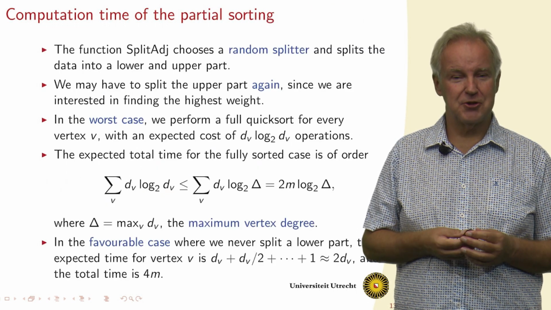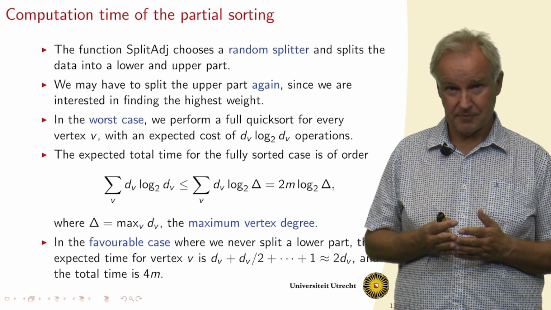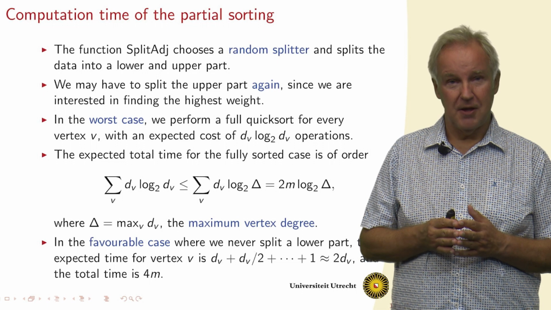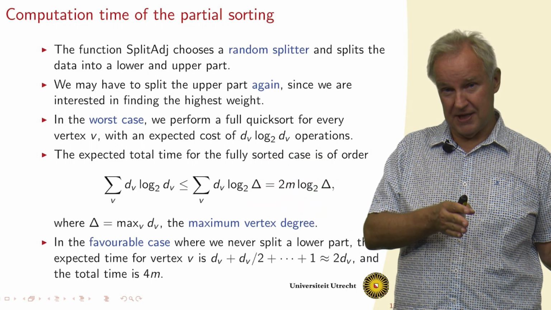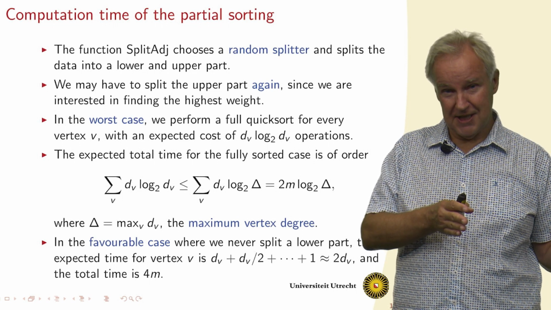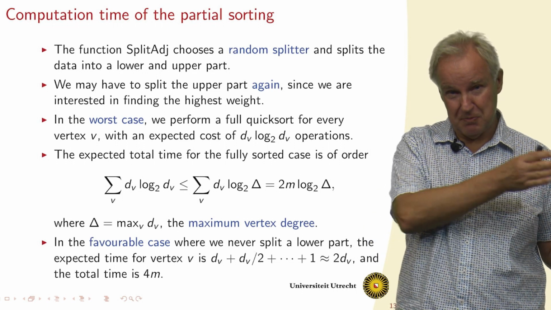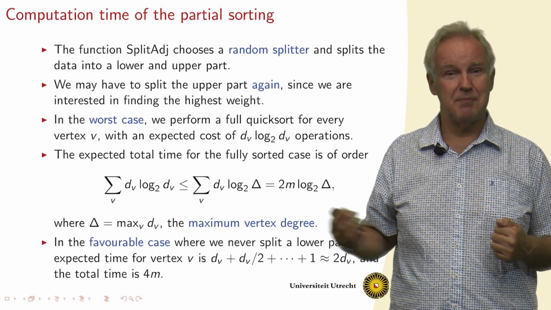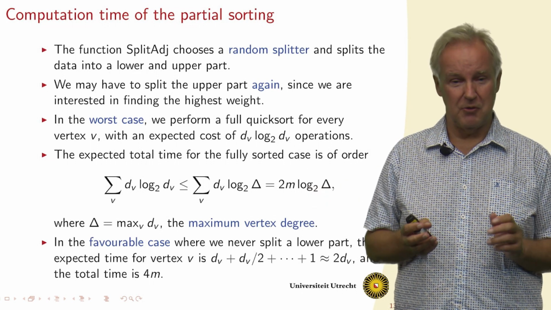Now the partial sorting. We use a random splitter, and we split an array into two parts, and we may not need to split this part again, but only that part into smaller parts. So it can happen that we only split the higher parts and not the lower parts.